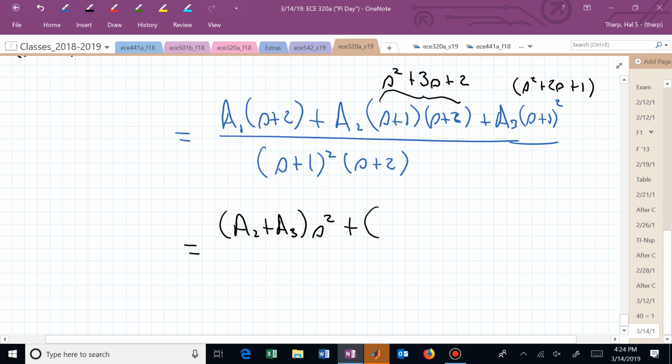I think we're back where we want it to be, correct? So that's now times S squared. What is my next one? It's all the factors that are scaling S. I see an A1, I see a 3A sub 2, and a 2A sub 3.